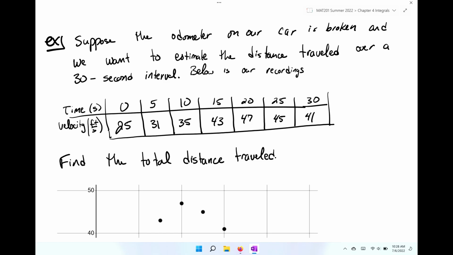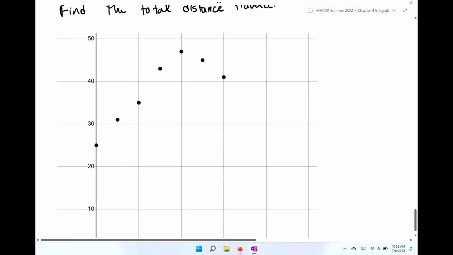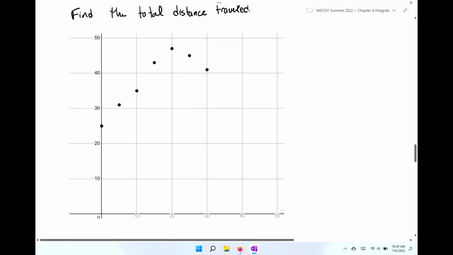We've been traveling for 30 seconds times the velocity, and then we'd call it a day. However, our velocity here is constantly changing. So what I did is I went ahead and graphed it. And as we can see here, we have a function or a curve that is constantly changing.